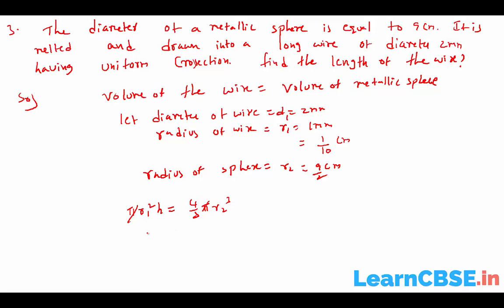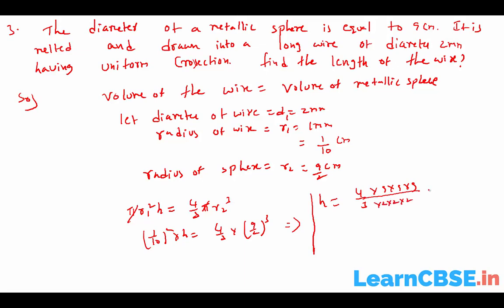R1, 1 by 10 whole square into H equals 4 by 3 into 9 by 2 whole cube. That means from this H equals 4 into 9 into 9 into 9 divided by 3 into 2 into 2 into 2, into 1 by 10 whole square, means 1 by 100, becomes 100 here.